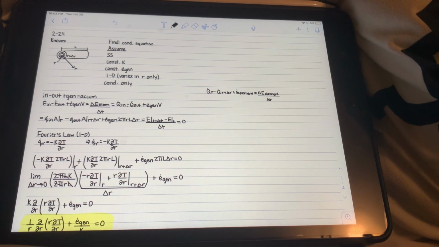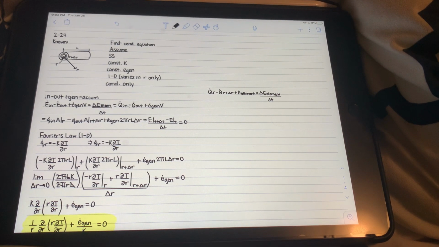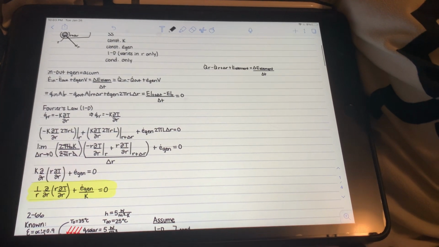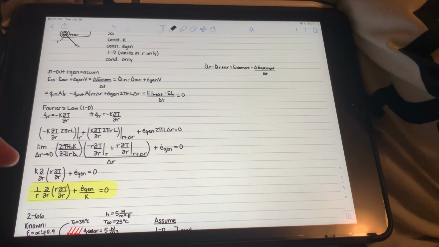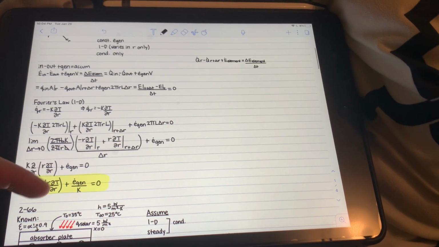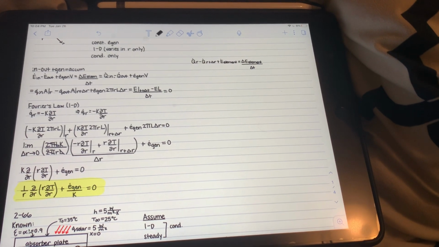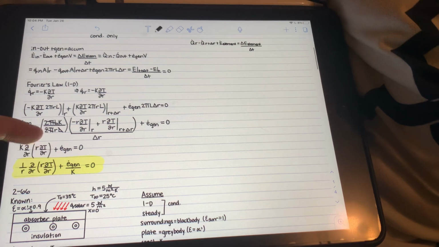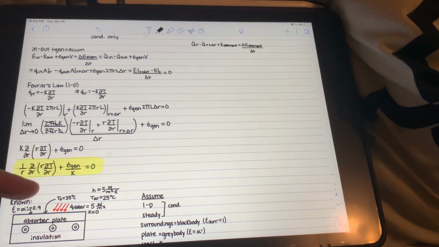So that, and then it's set equal to 0 since it's steady state, and then using Fourier's law, because it's conduction, and plugging in what we had before into that, and then applying the limit after dividing by the volume, and then you get your derivation.